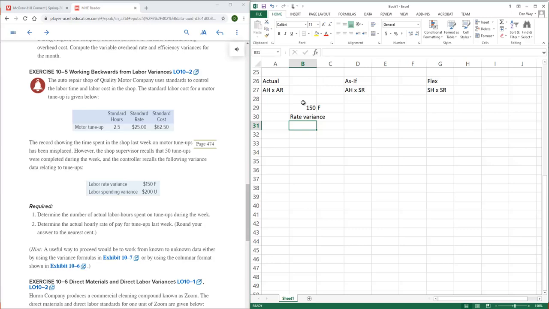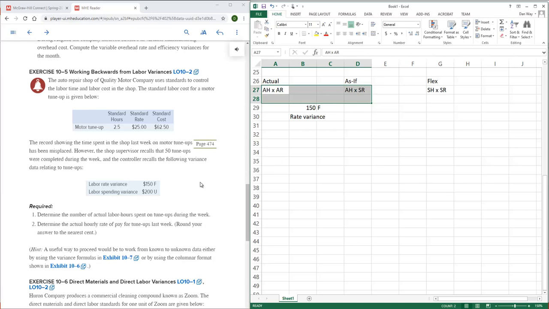My total spend on labor for tune-ups was $150 less than it should have been, given what rate I actually paid for that labor. In other words, my rate has got to be something less than that standard rate of $25. I'm isolating it over here, and we've said that it's $150 favorable.